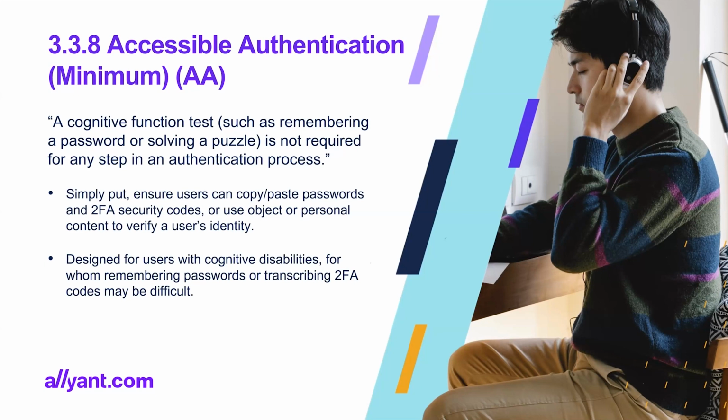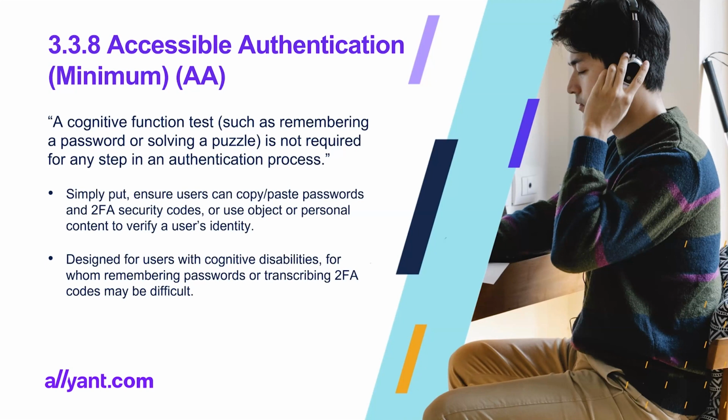And then when they go to log in again next time, they put in their username and password, and they see 5 images, and one image is an apple. And if they just are asked, pick your security image, and they pick the apple, that's an example of an approach that would be conformant with this requirement. It's not something that I've seen a lot, but I have seen it.